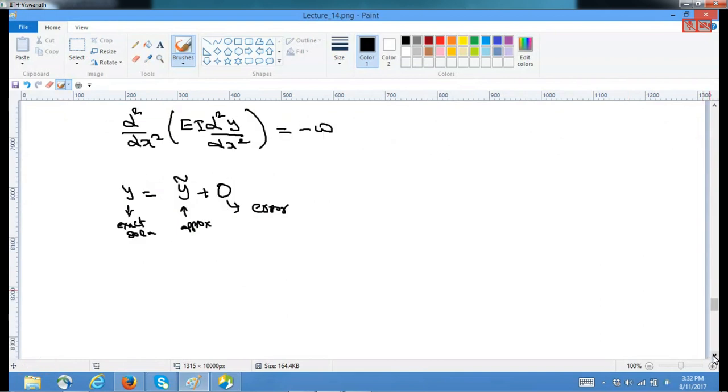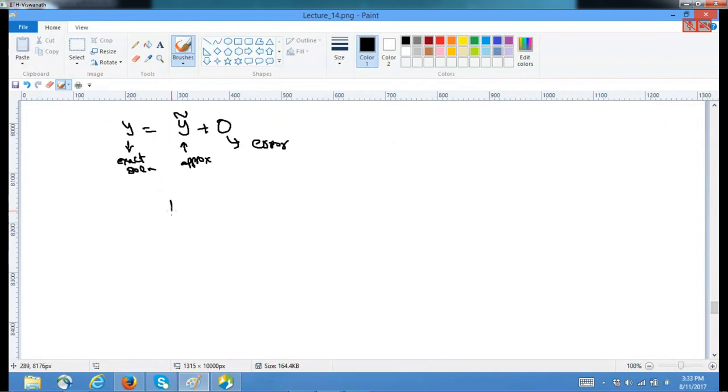If I substitute in the above equation, then I would get d square by dx2 of EI d square y tilde by dx2 minus w of x, and it will leave some residue.